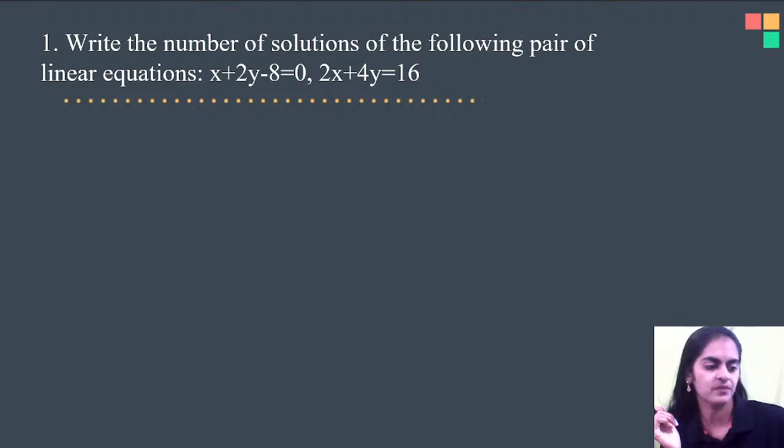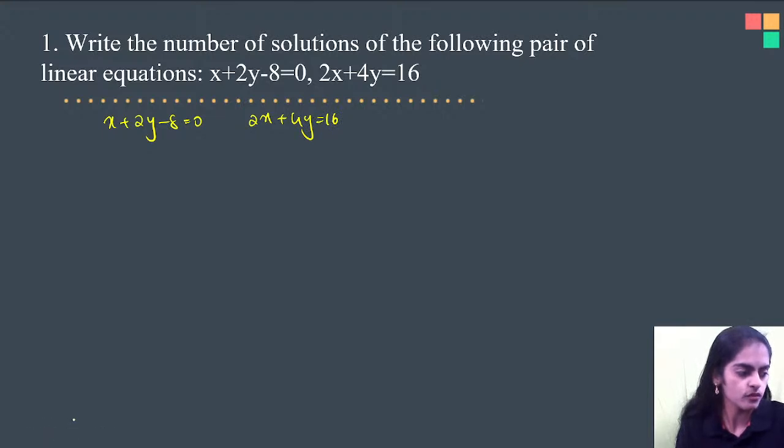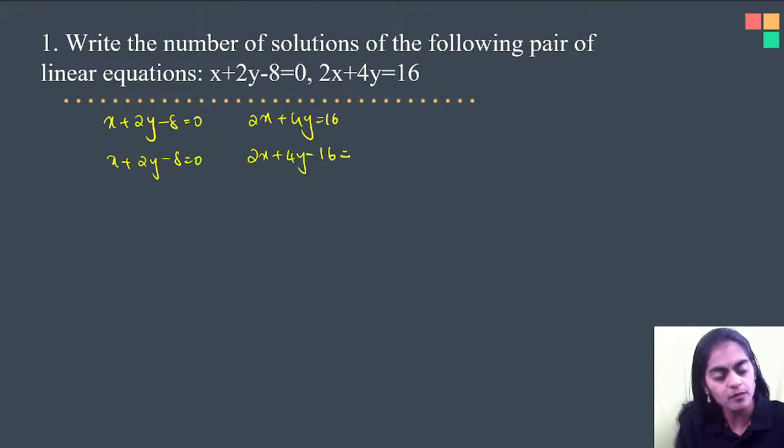So the given linear equations are x plus 2y minus 8 equals 0 and 2x plus 4y equals 16. The first is already in general form. The second is not in general form. The general form is a1x plus b1y plus c1 equals 0. So I have taken 16 to the other side.